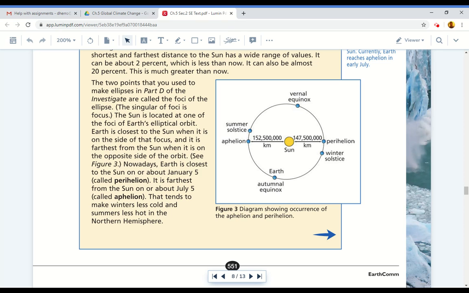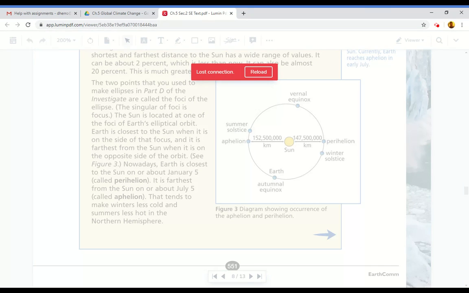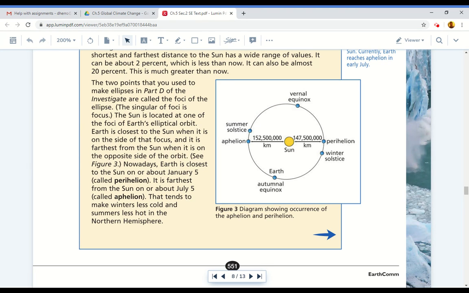Nowadays, Earth is closest to the sun on or about January 5, called perihelion. It is farthest from the sun on or about July 5, called aphelion. That tends to make winters less cold and summers less hot in the northern hemisphere.